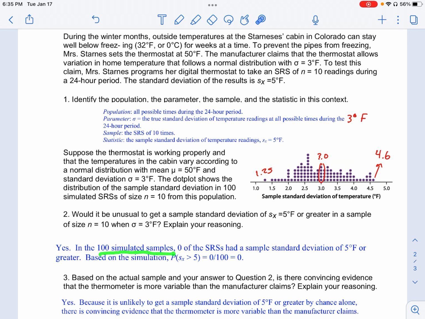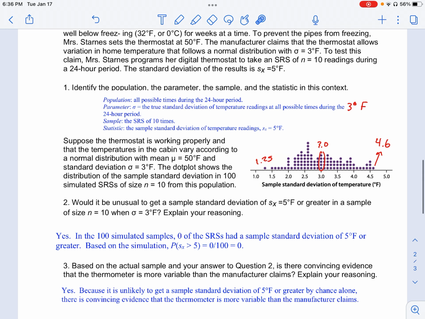In 100 simulated samples, each sample's 10 readings, none of them were up here at 5. So essentially, based on this simulation of 100 samples, the probability of having a standard deviation above 5 never happened. So 0 out of 100 tries. So this is just a good way to think about this.